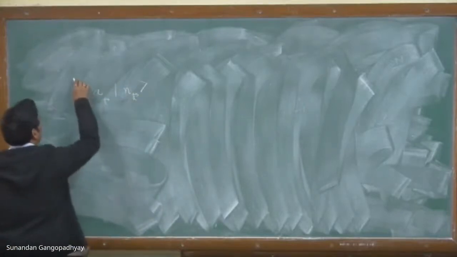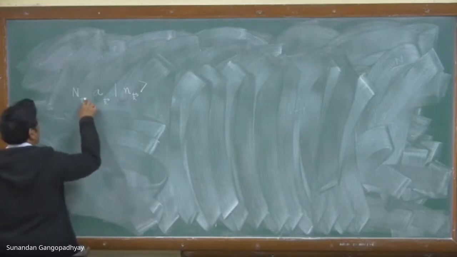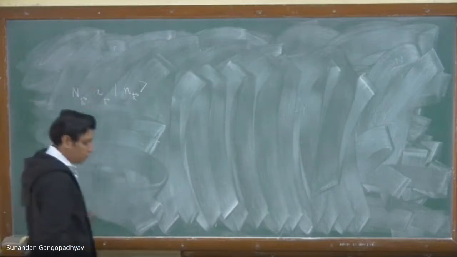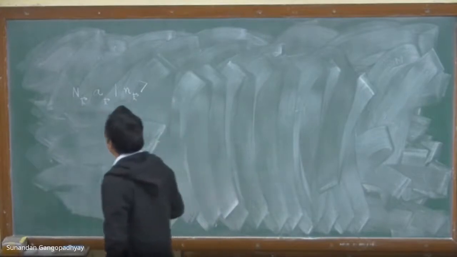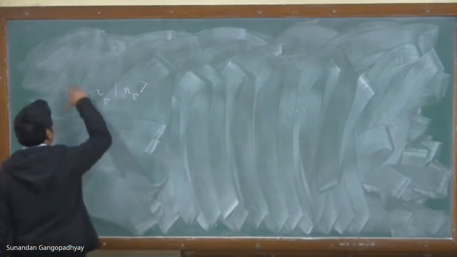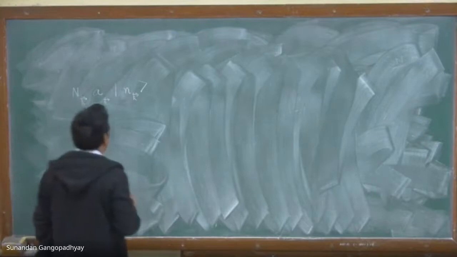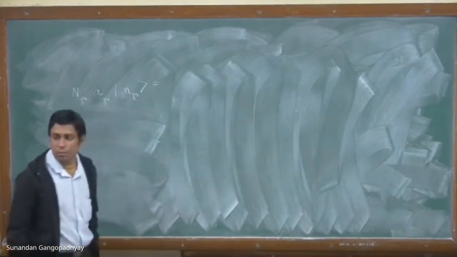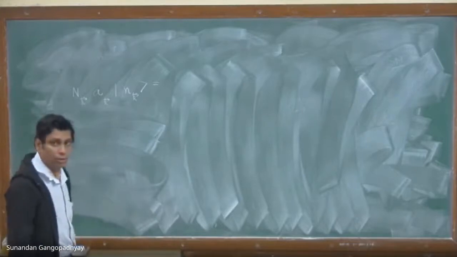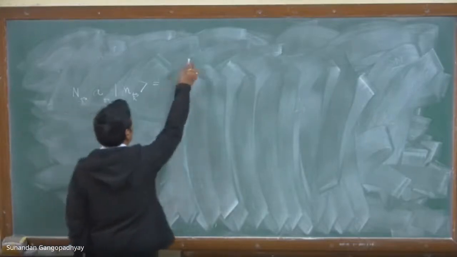And when we operated on this state with the operator, I'm not putting hats on top of these operators, you should remember that these are operators. If I act on this state with the operator capital Nk, let me just quickly work this out once more. It is simple to do.